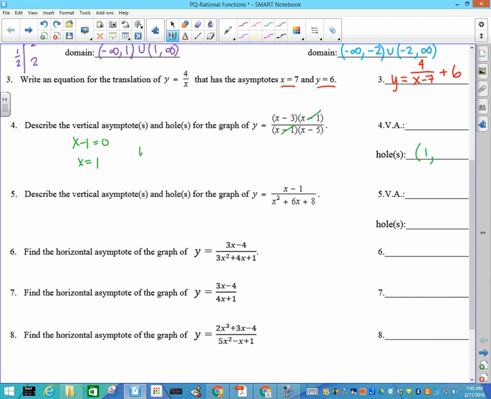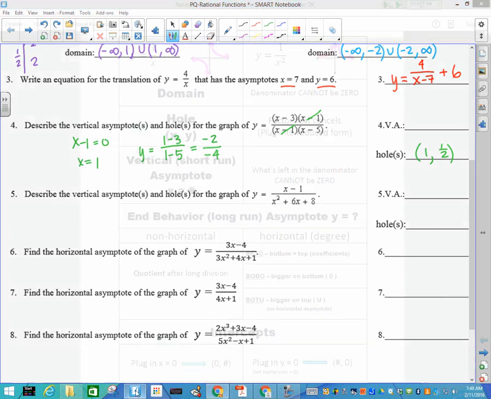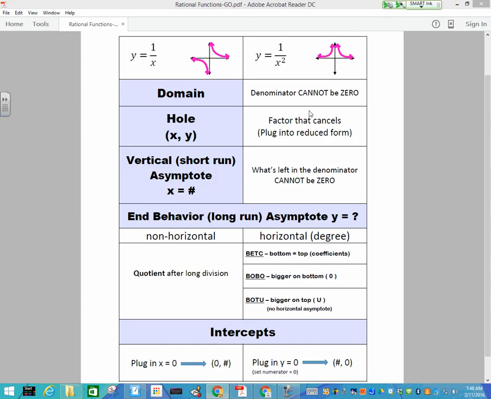So when I plug it in, y is going to be equal to 1 minus 3 over 1 minus 5. 1 minus 3, of course, is negative 2. 1 minus 5 is negative 4. And when you simplify that, you get 1 half. So we have a hole in our graph at 1 comma 1 half. So that's how you find the hole. So hopefully when you see that, it will ring a bell.